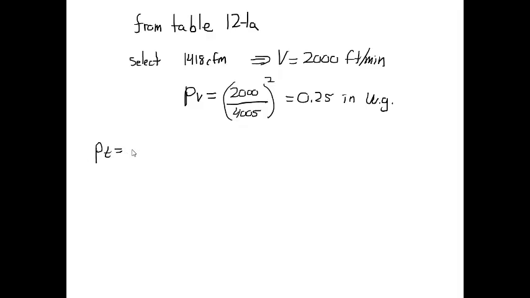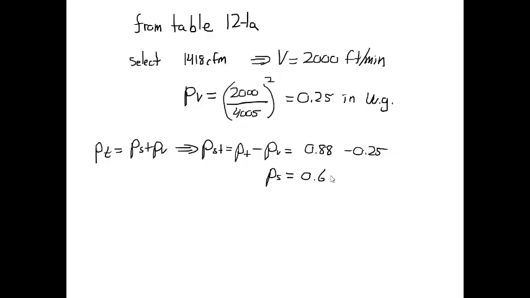Total pressure is static plus velocity. So if I want to calculate my static pressure, I need to take my total pressure and subtract the velocity pressure. In the problem statement, I have 0.88 inches of total pressure minus 0.25 inches of velocity pressure. My static pressure ends up becoming 0.63 inches of water.